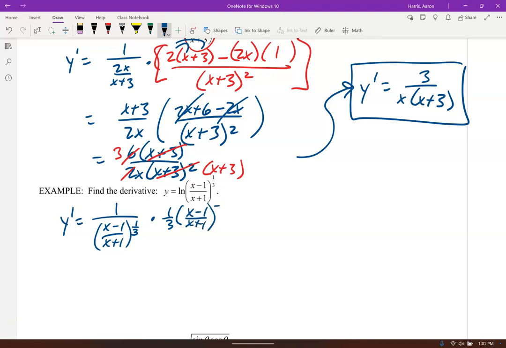So 1/3 minus 1, so minus 2/3 times. Now I got to take the derivative of the inside. So I got to do quotient rule on this. Derivative of the top, derivative of x minus 1 is 1 times the bottom minus the top times the derivative of x plus 1, which is just a 1, all over bottom squared.